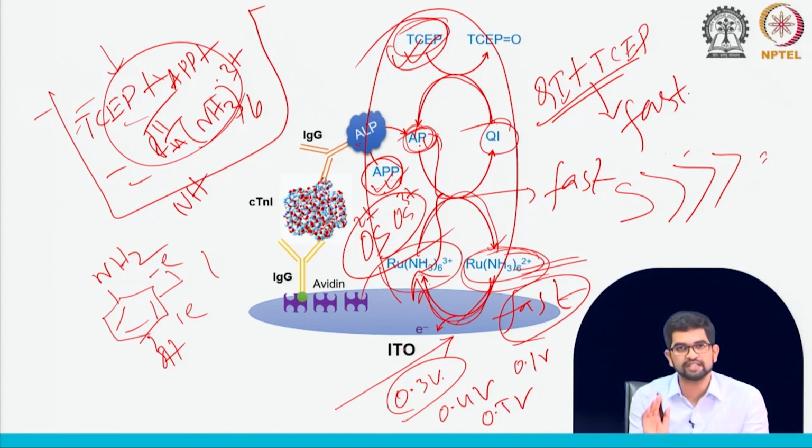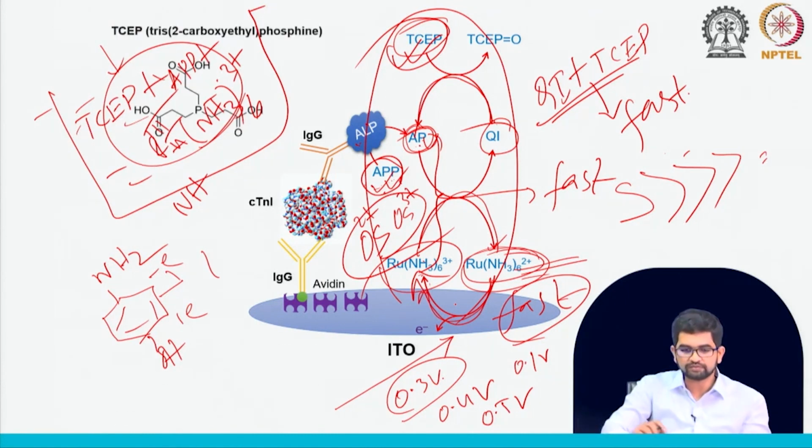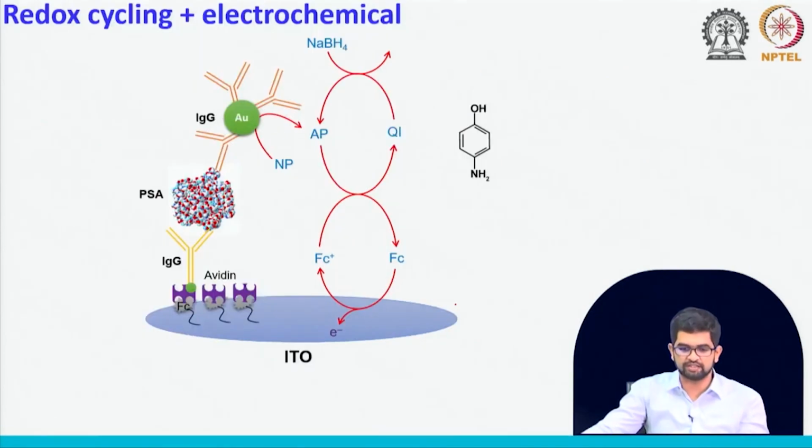So, you can find the best redox cycling, and you can try that for your target or biomarker detection. Okay. So, this is one example, which I am describing very clearly so that you can understand all the steps. In this picture, I think it is very clear how we can design a redox cycling and how we can change the material, so that you know the T-shape structure.